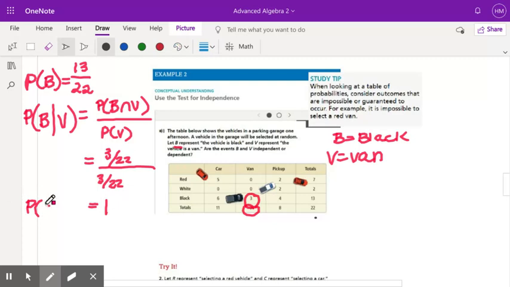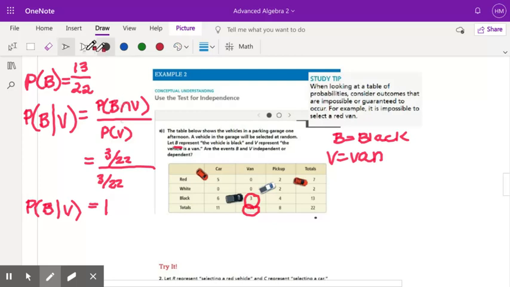So the probability of seeing a black vehicle, given that you know that it's a van, is 1. Pretty much, because this is 1, it's certain to happen because there are no red or white vans. So if you pick a vehicle in the parking lot, and you ask, is it a van, and I say yes, then automatically you know it's going to be black because that probability is 1.